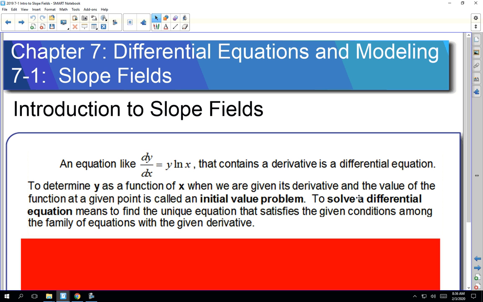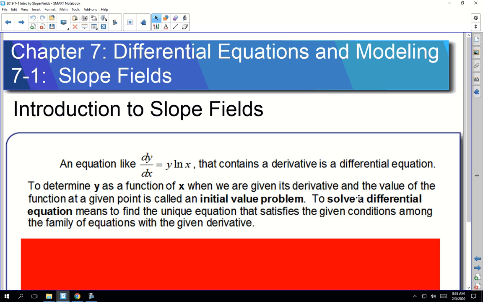But an equation like dy dx equals y ln of x, that's called a differential equation because it has a derivative in it. And the derivative doesn't just have to be over here on the left-hand side. It doesn't have to be treated like an independent variable, but we've got multiple variables in here, y and x. But a differential equation is just that.